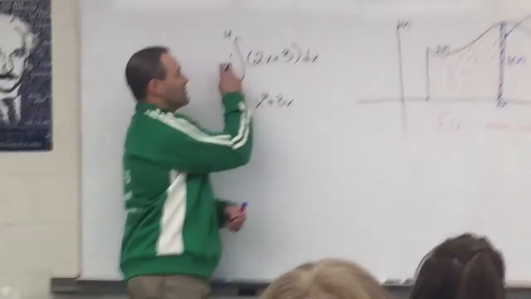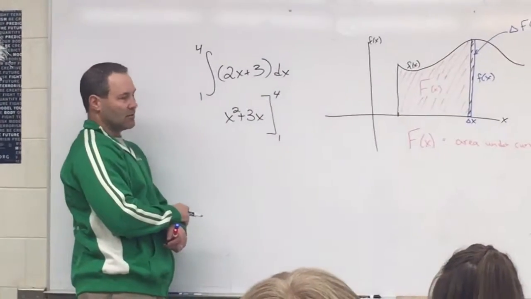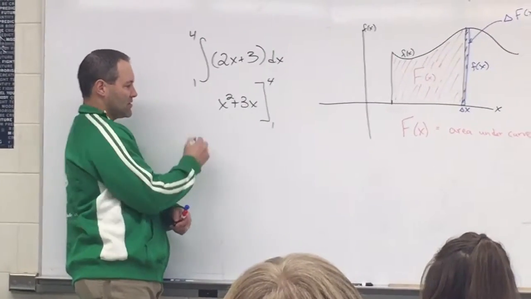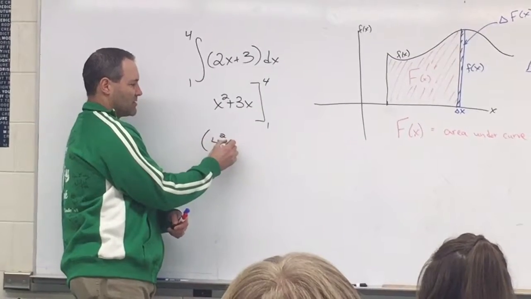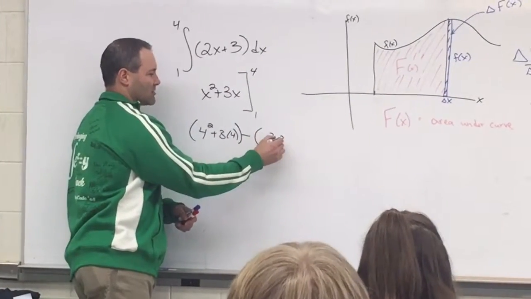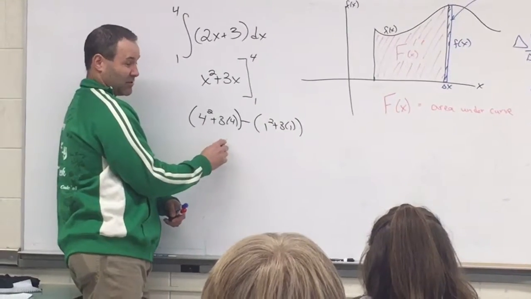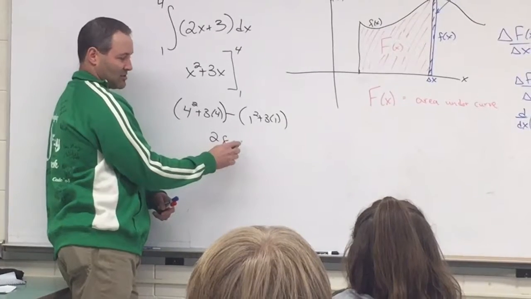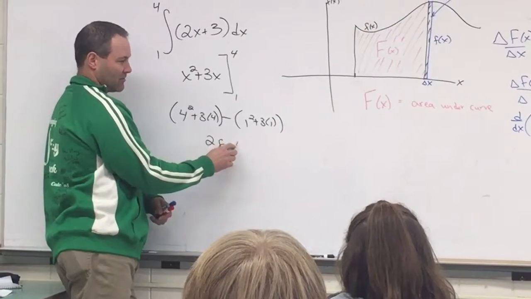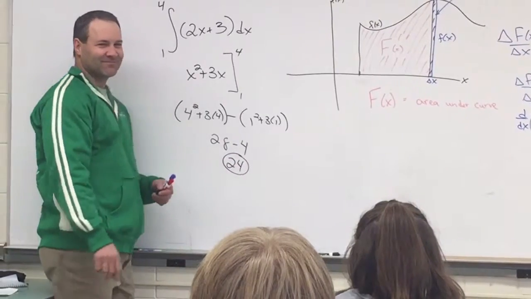X squared plus 3x. Okay, so now we're going to evaluate it from 1 to 4. So it's 4 squared plus 3 times 4 minus 1 squared plus 3 times 1. 16 plus 12, 28, minus 4, which is 24.